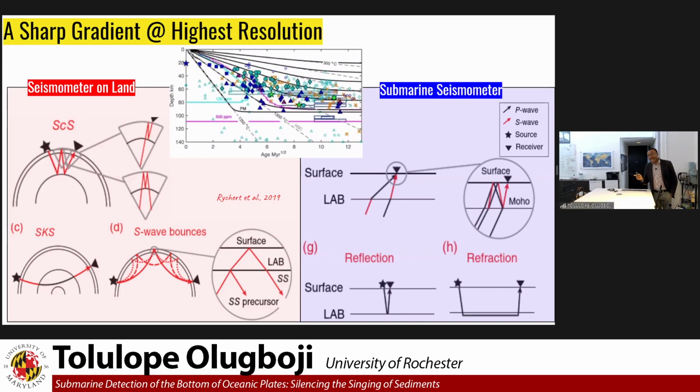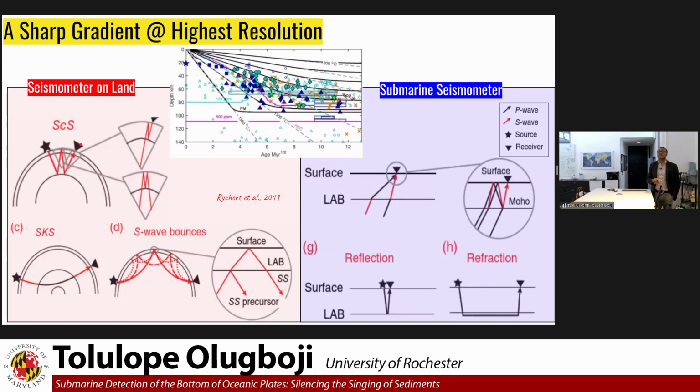I want to point out that there are different ways one can interrogate the transition from lithosphere to asthenosphere, in particular in oceans. On the left here, what you're looking at is a set of techniques that are looking at the oceanic plate structure while the seismometer is on land.